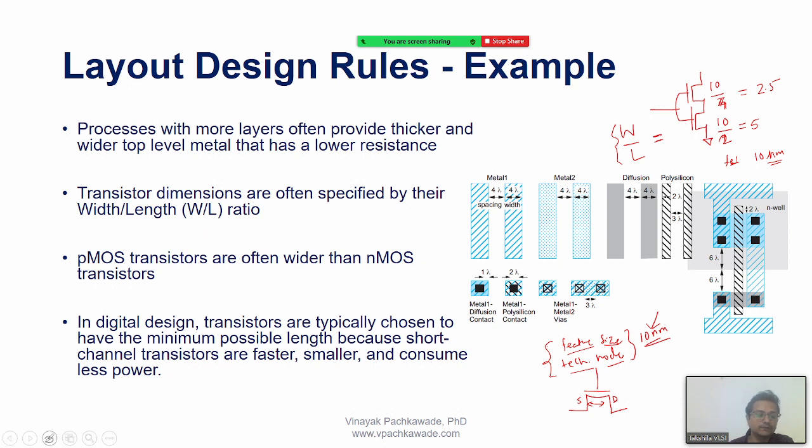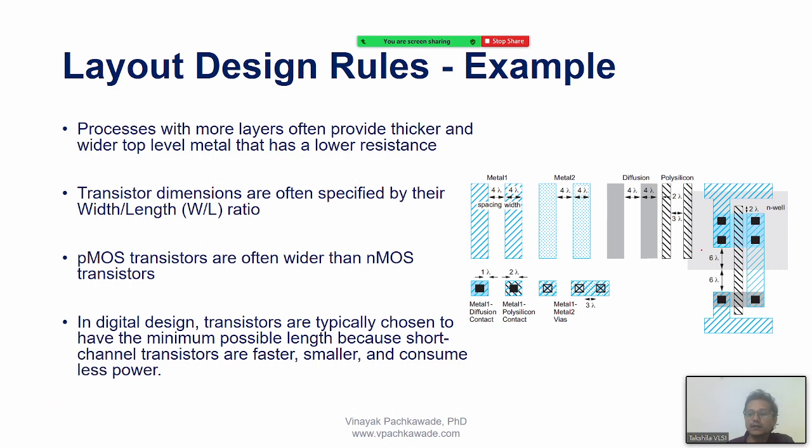Understood? Yes, sir. So now look at another layout. What does this layout look like? Inverter. You have this diffusion here, which is the source and drain of the transistors, and then I have a metal here that I have routed and will connect to ground.